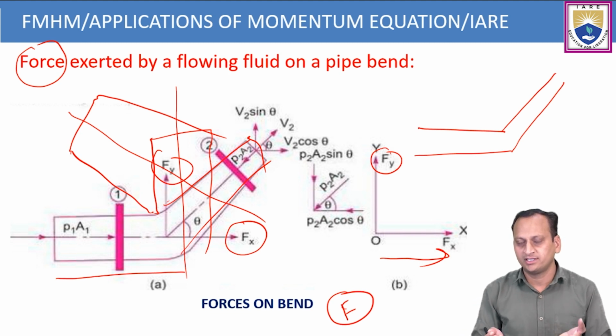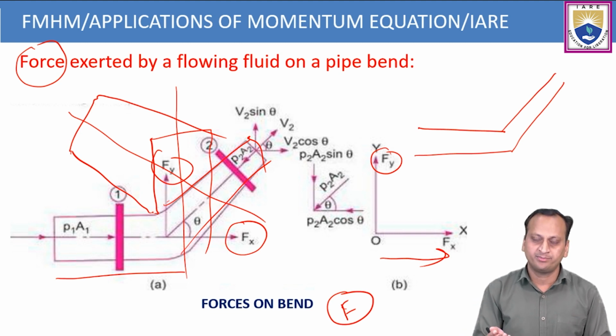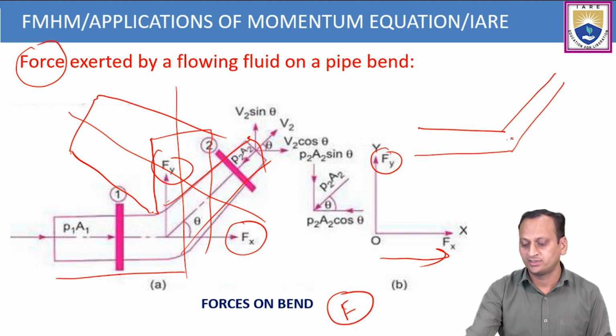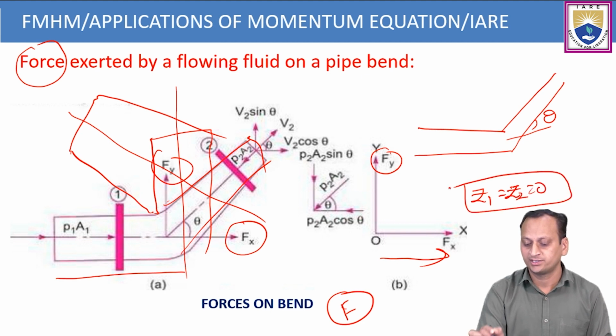That means it is like a paper kept on a horizontal plane. So whether it has a different angle, the Z elevation from the ground, Z1 and Z2, becomes 0. Both are at the same elevation. It is a constant height.